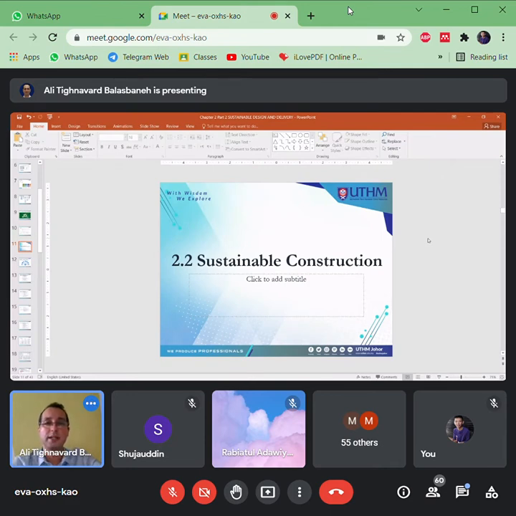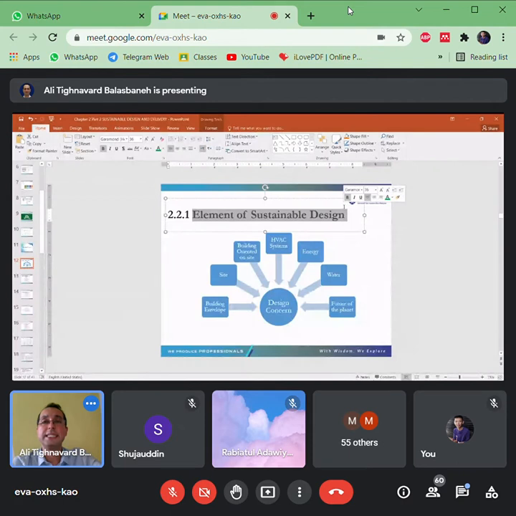So, elements of sustainable design. Imagine you are a stakeholder, you are the project manager, PM, and you claim the building you just constructed is sustainable, has the sustainable elements. As you might know, there is a ranking system that will give a point to your building. They will give you a mark, like how you as a student get a mark in any subject.